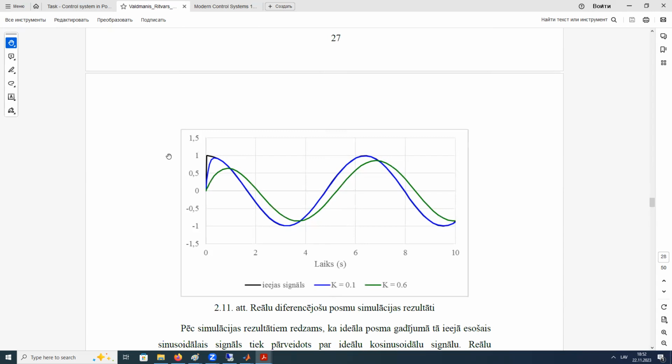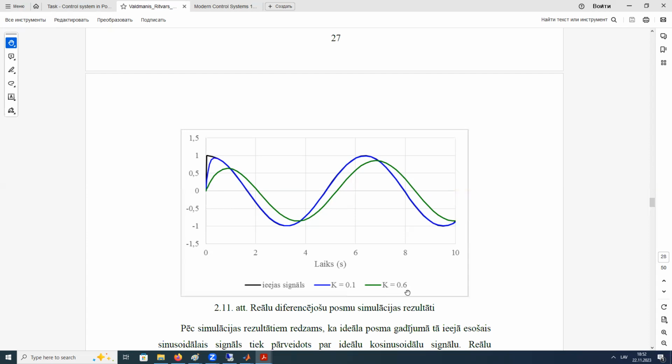For example, in this case, this is a real differential 0.1. It represents the input signal. The impact is very small, but we see that it is the same as the input signal, not at the same moment, but with a little delay and this aperiodic part.